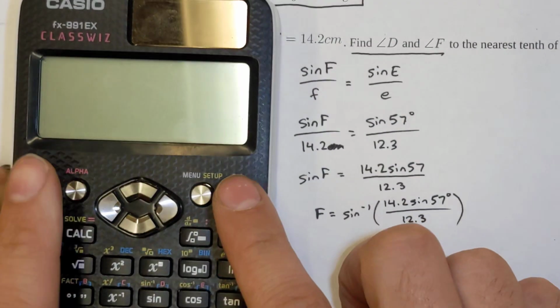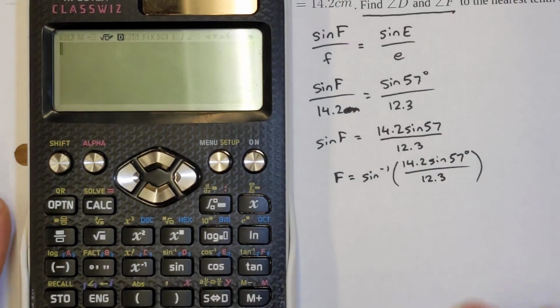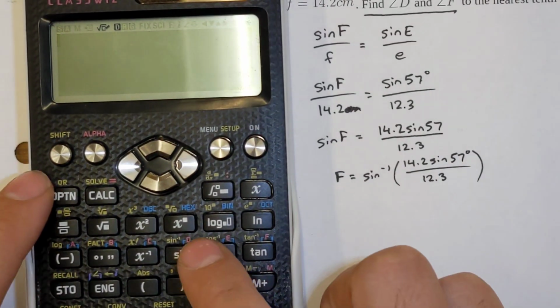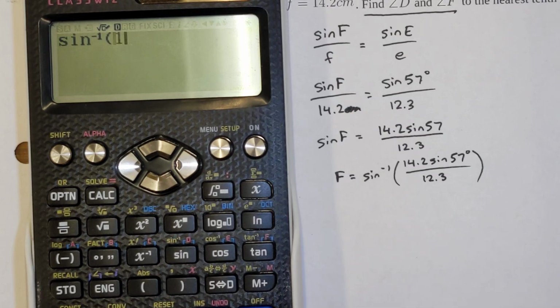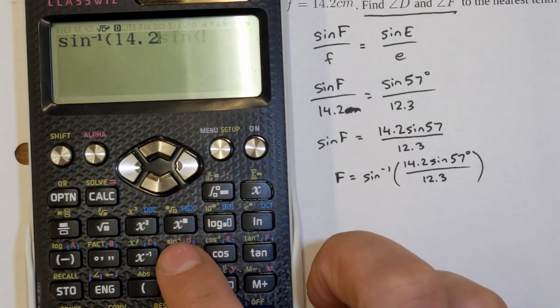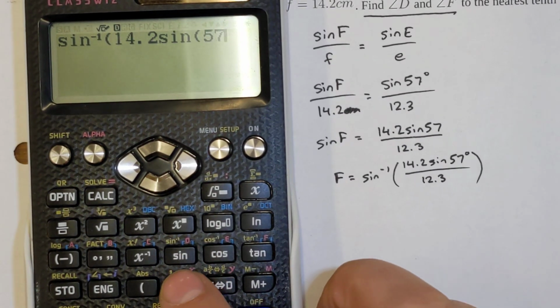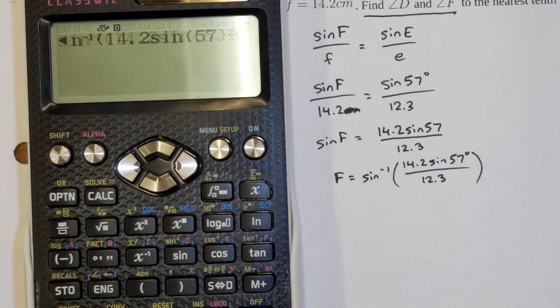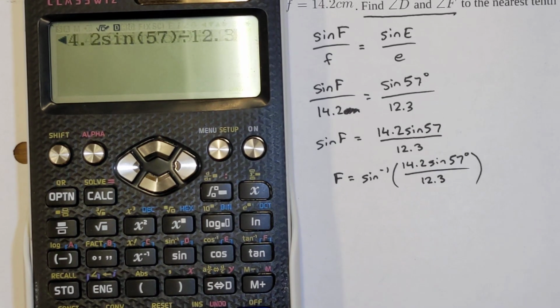So putting this whole thing in our calculator, we get sine inverse of 14.2 sine 57 divided by 12.3.